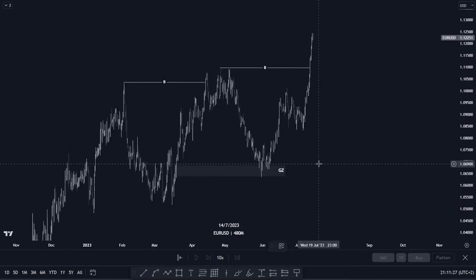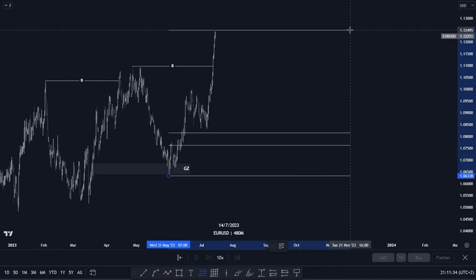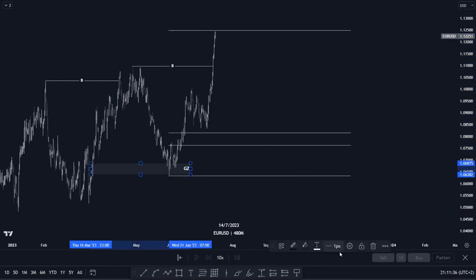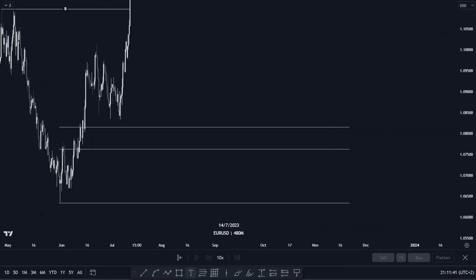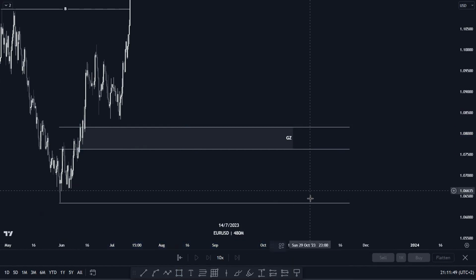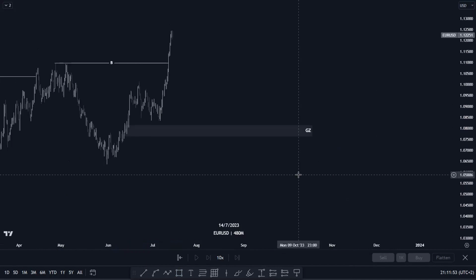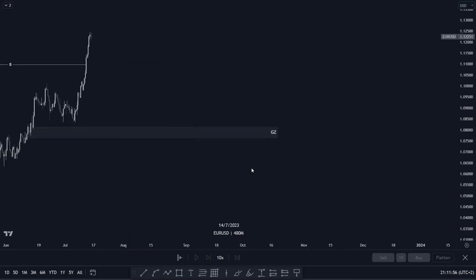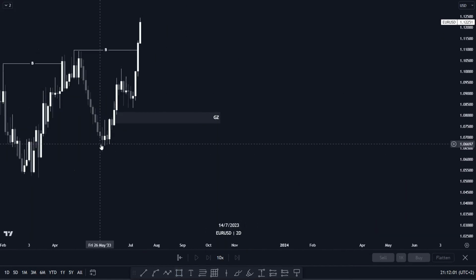Now we'll be looking again to take our golden zone entry from Euro USD, or here on the 2 daily chart, we have a beautiful order block here.